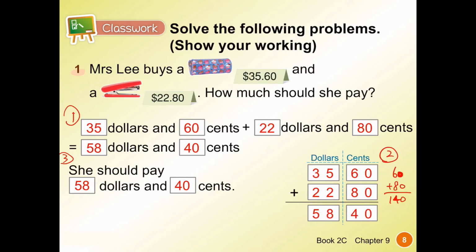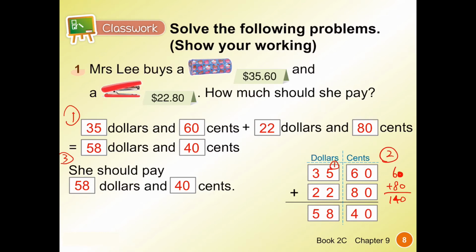So we'll carry the 1 over to the dollars. So 1 plus 5 plus 2, we have 8. And then 3 plus 2, we have 5. So $58.40 for our answers.